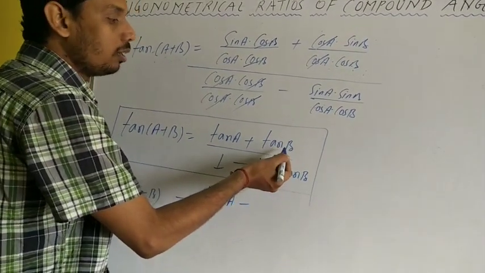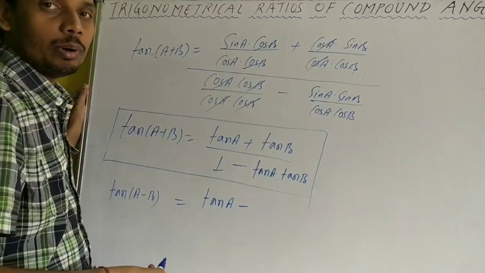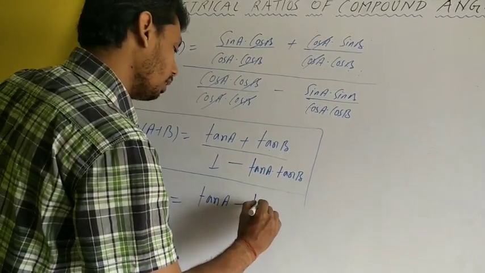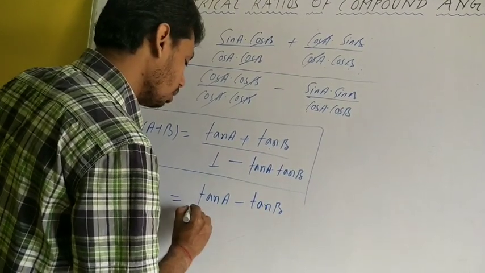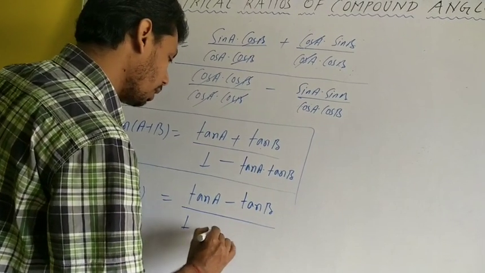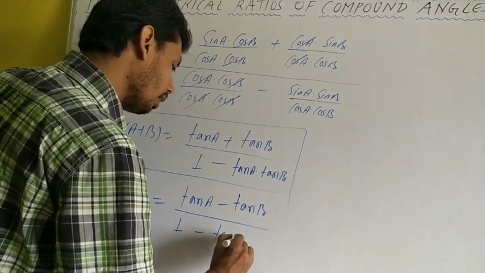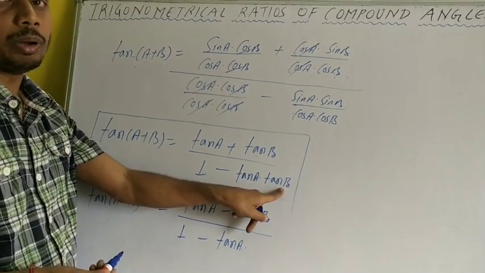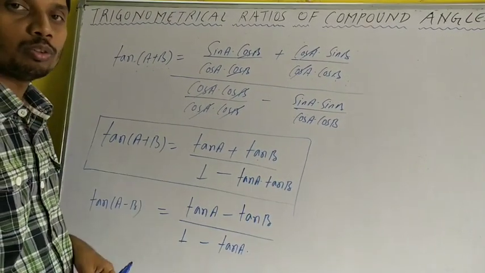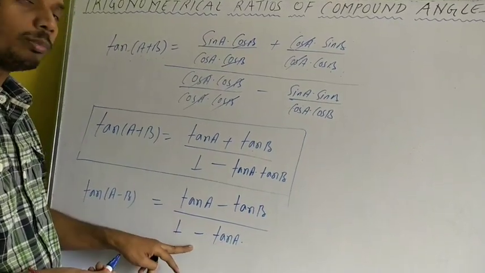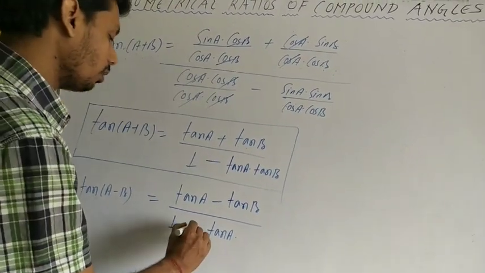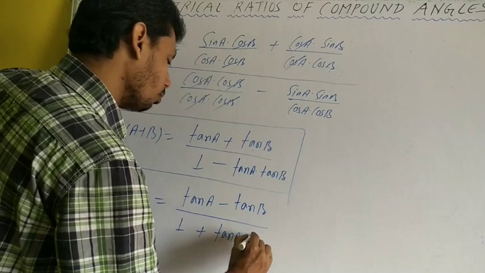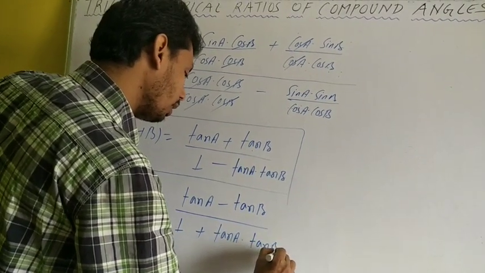So if b is replaced by minus b, we get minus tan b in the numerator. In the denominator, tan of minus b is minus tan b, so 1 minus is already there, and minus into minus will be plus, giving tan b.